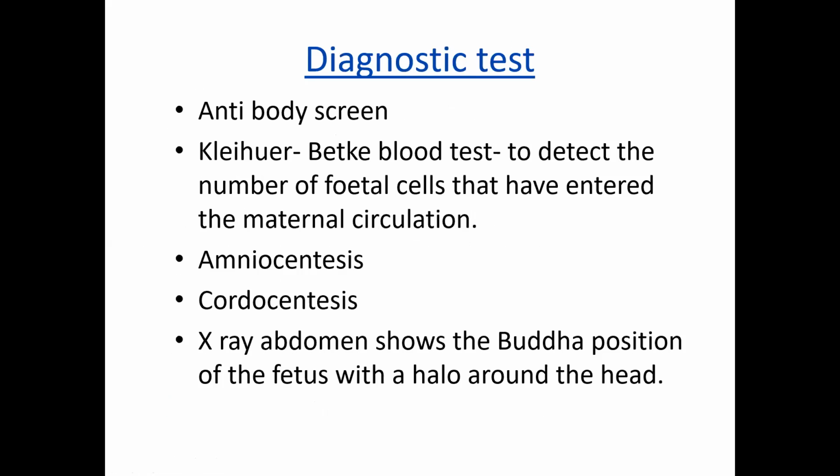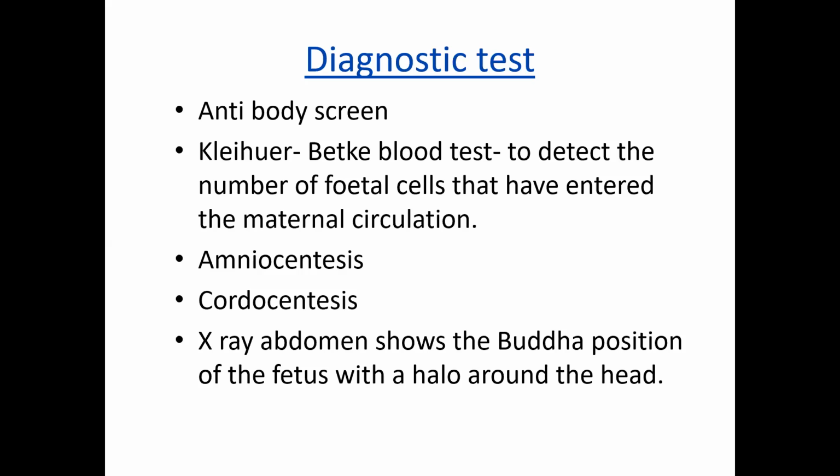Okay. Diagnostic tests: antibody screening, the Kleihauer-Betke test to detect the number of fetal cells that have entered into the maternal circulation. So during pregnancy we have to do one test, the Kleihauer-Betke test, with which we can identify how many RBCs have entered the maternal circulation. Okay.